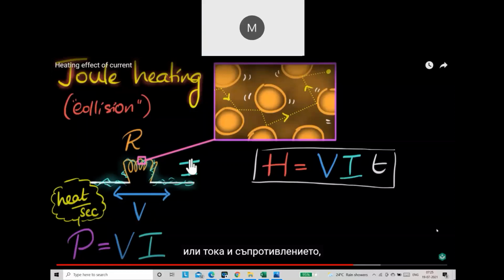According to Ohm's law, what is V? V is equal to IR.